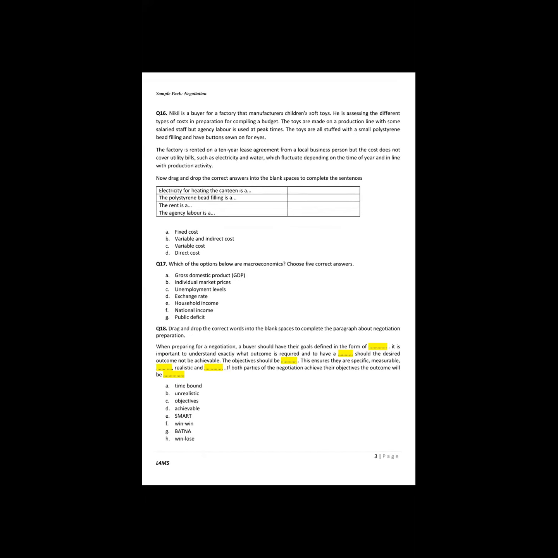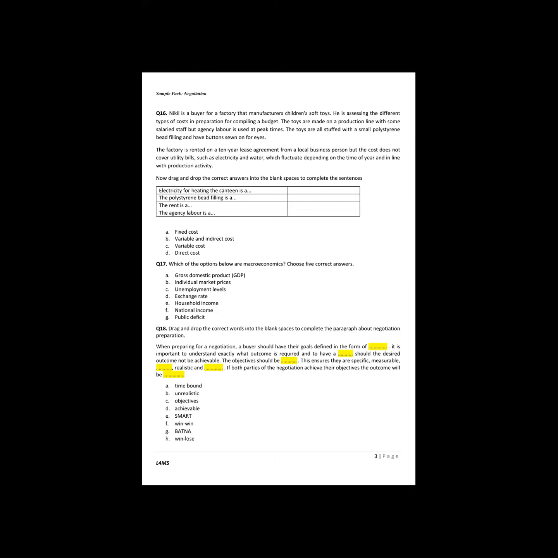Nickel is a buyer for a factory that manufactures children's soft toys. He is assessing the different types of costs in preparing for compiling a budget.